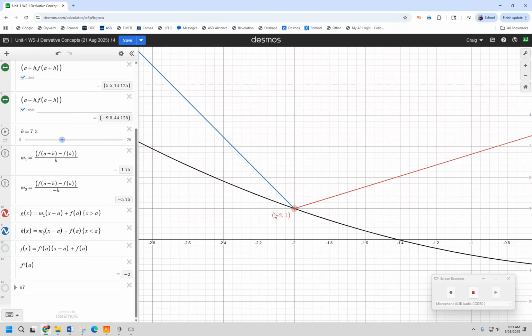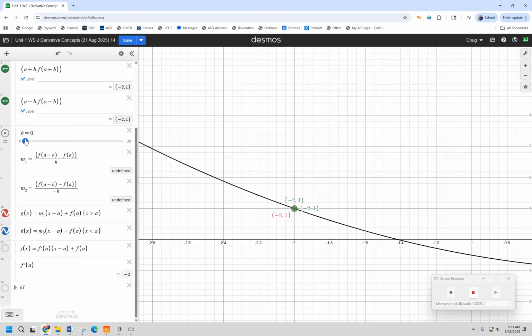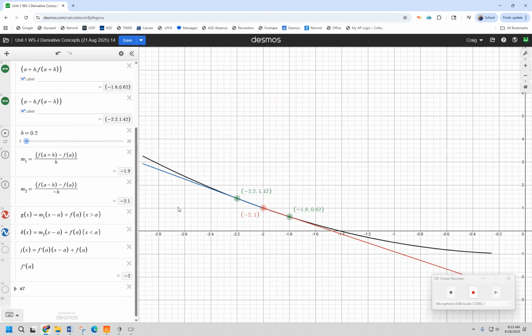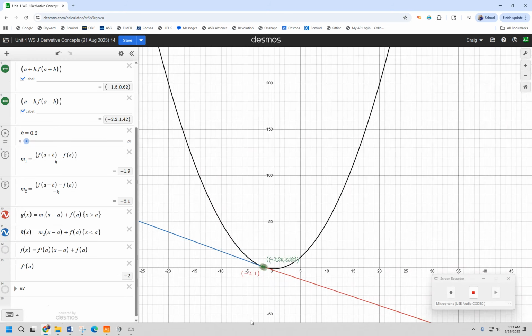So as we zoom in and we bring them closer and closer together, like this, those two secant lines become what's known as a tangent line. And they show us the rate of change. The slope of that tangent line is the rate of change.